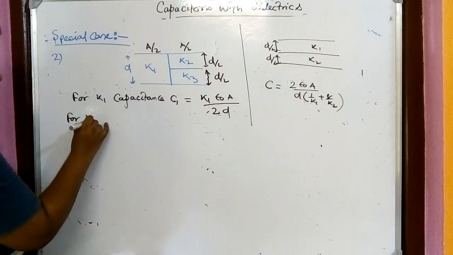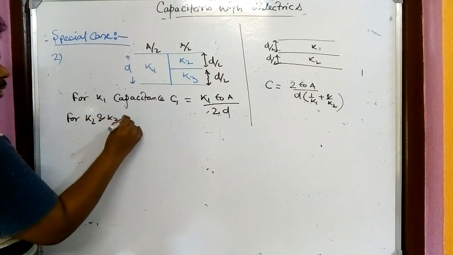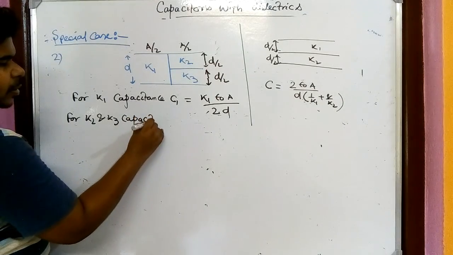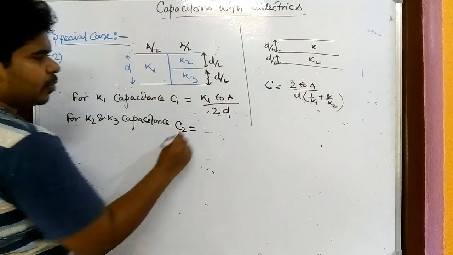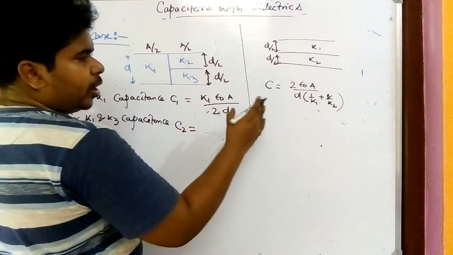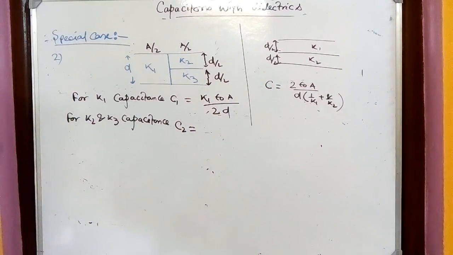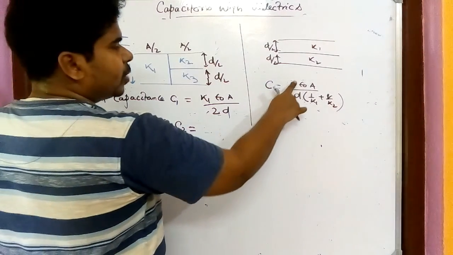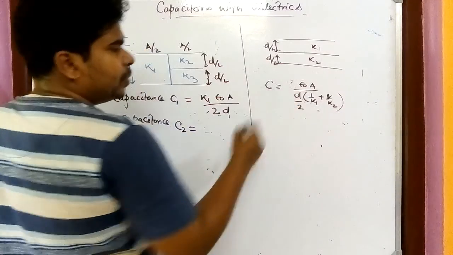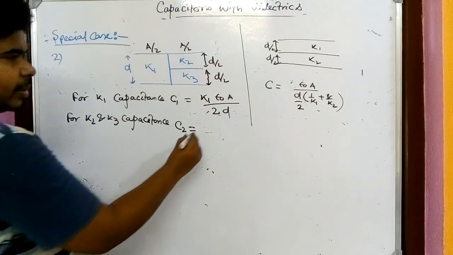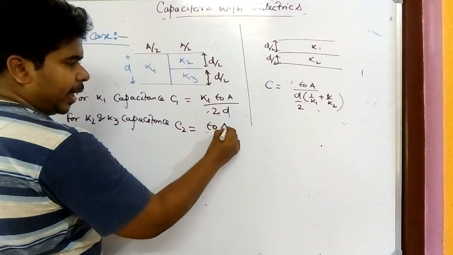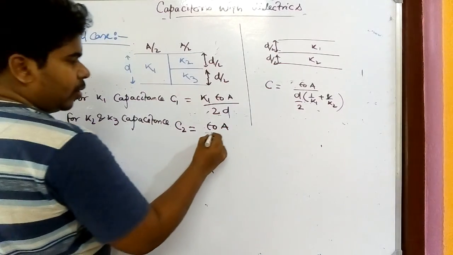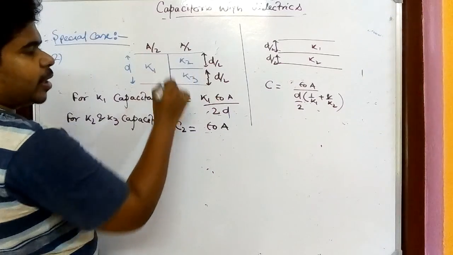So for K2 and K3, capacitance C2 equals, see, 2 into epsilon naught A. So from where has this 2 come? The 2 has come because we have taken it is d by 2. So we will write epsilon naught A. Now A, though it is not here, it is A by 2.